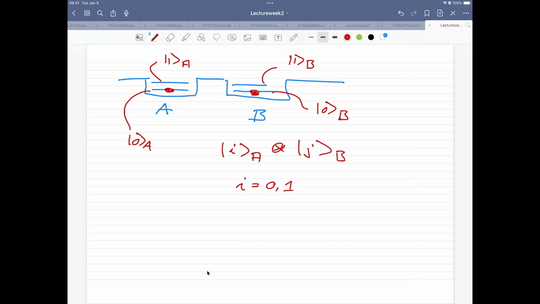So that means that your ground state could be represented by 0 in system A times 0 in system B. This state would be a product state and it would not be entangled. Yeah? No, go ahead. So the first state represents some state from A times some state from B. Yeah.